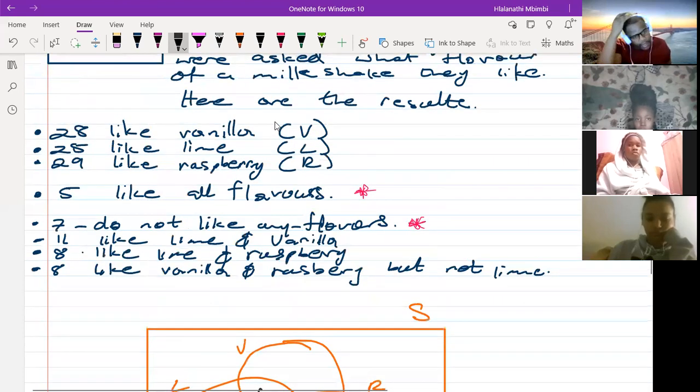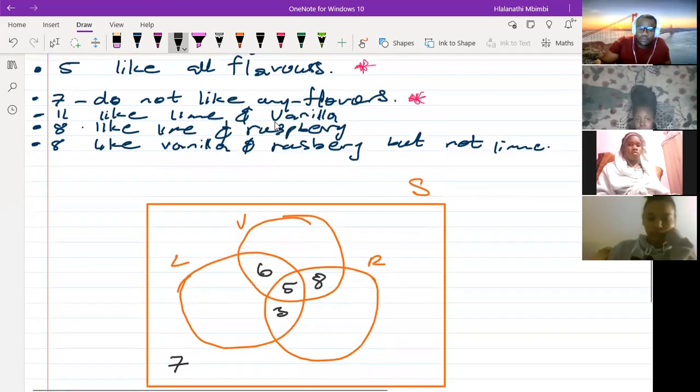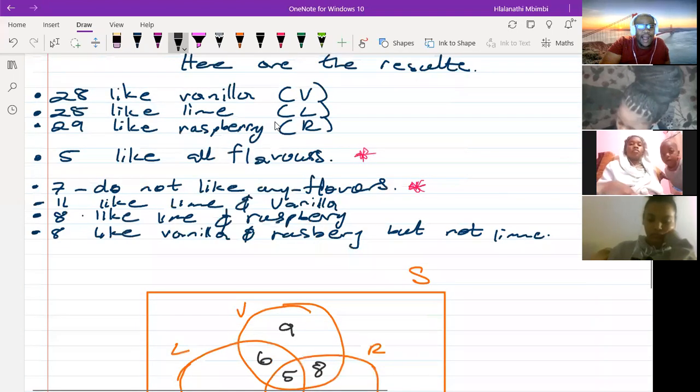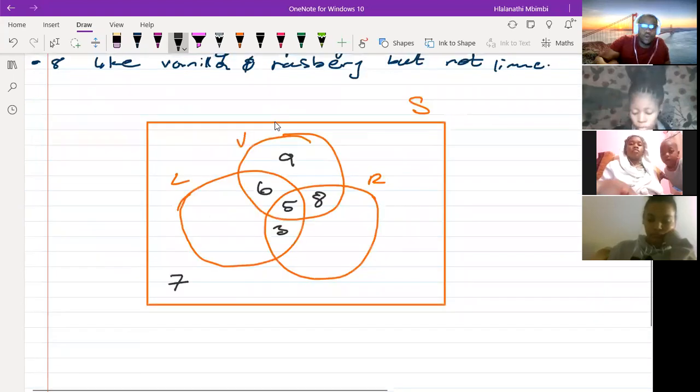So you come to the people who just like vanilla, for instance. We know that the people who like vanilla should be 28. So this is going to be 28 minus 6 minus 5 minus 8, because the people in the 8, 5, and 6 who like vanilla are included already, right? And that should give us 9. Also, there are 25 people who like lime, but again we have to say 25 minus 6 minus 5 minus 3, and that should give us 11.